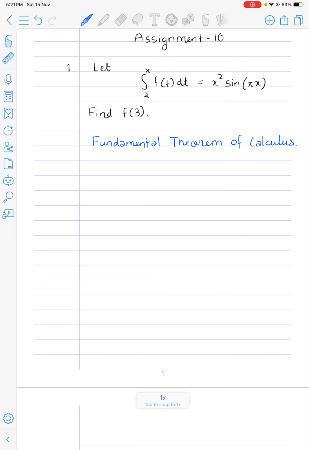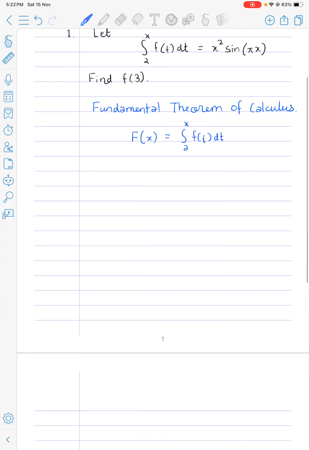If there is a function capital F of x equal to the integral from a to x of f(t) dt, and let's say f(x) is continuous from a to b, and obviously x is from a to b.